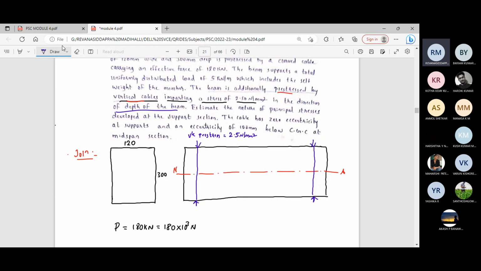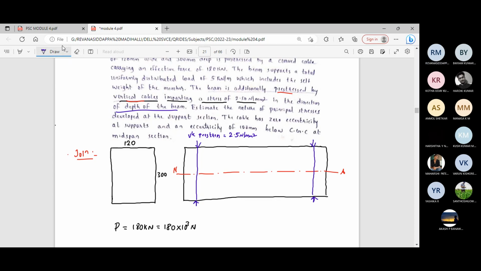Estimate the nature of principal stresses developed at the support section. We have to find the principal stresses, sigma max and sigma minimum. The cable has zero eccentricity at the supports and an eccentricity of 100 mm below the centroid at the midspan. It's a parabolic cable having zero eccentricity at the supports and eccentricity of 100 mm below the CGC at the midspan.